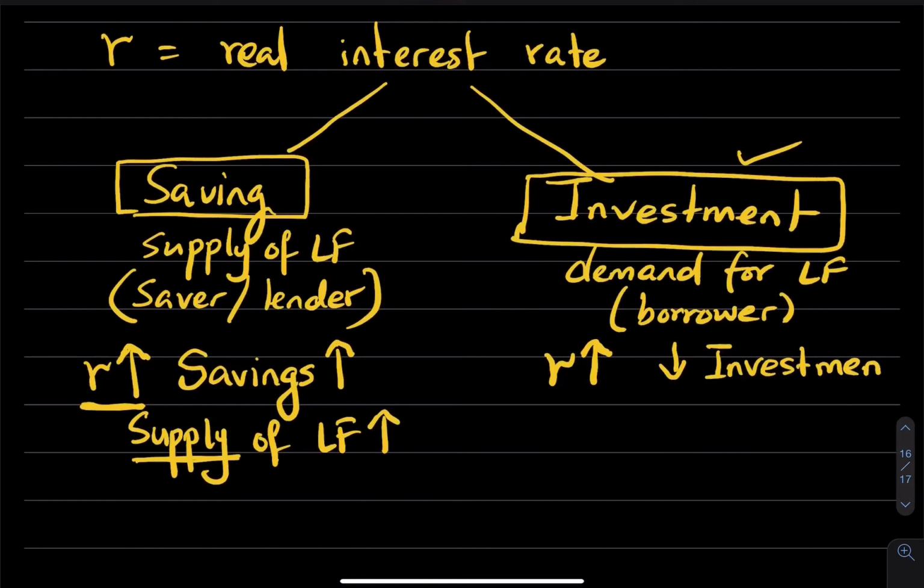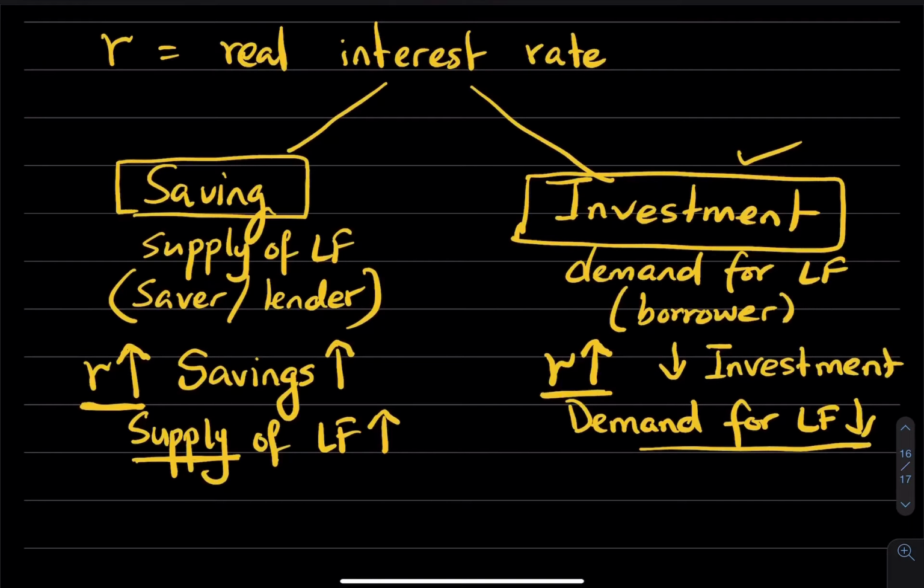In other words, the demand for loanable funds would go down. So notice now there is an inverse relationship between the real interest rate and the demand for loanable funds.